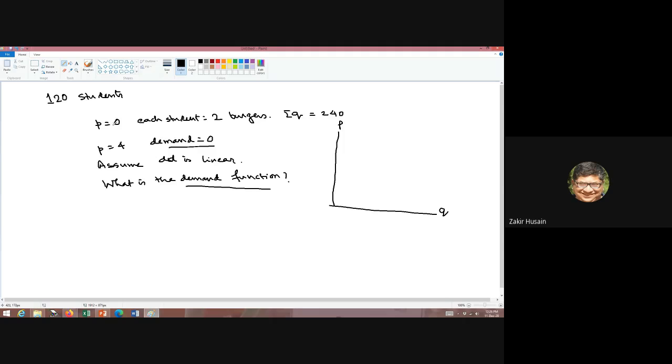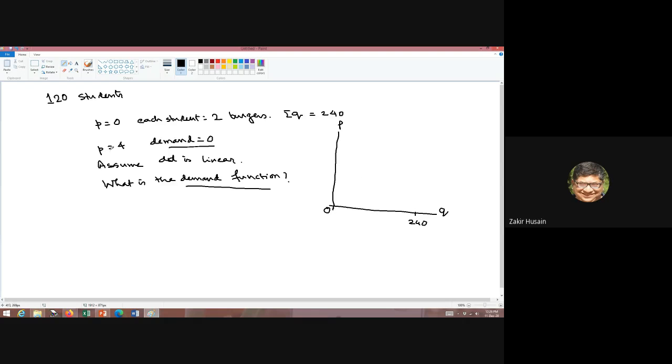When price is zero, at which point is price zero? The origin. So what is the quantity over here? 240.